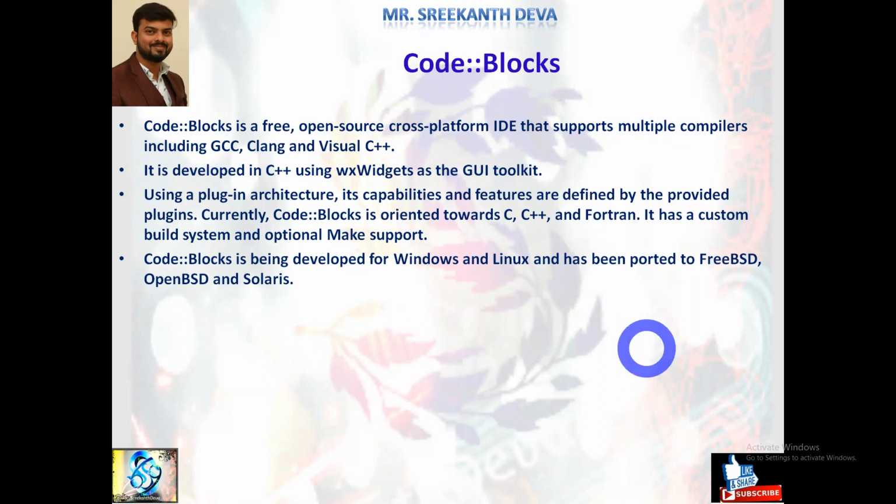Currently, Code Blocks is oriented towards C, C++ and Fortran. It has a custom build system and optional make support. Code Blocks is being developed for Windows and Linux and has been ported to FreeBSD, OpenBSD and Solaris.